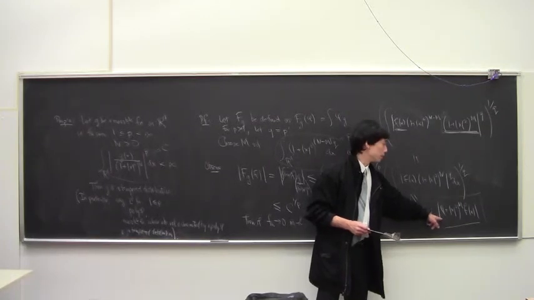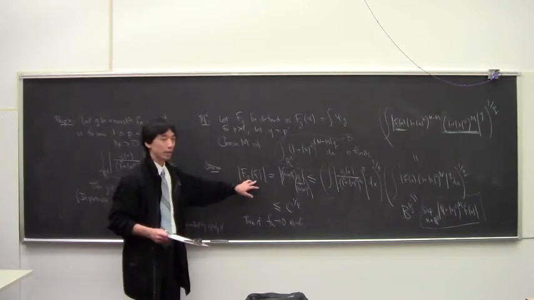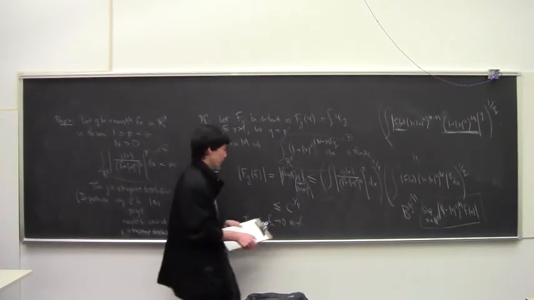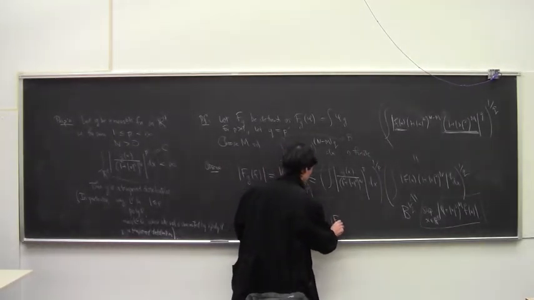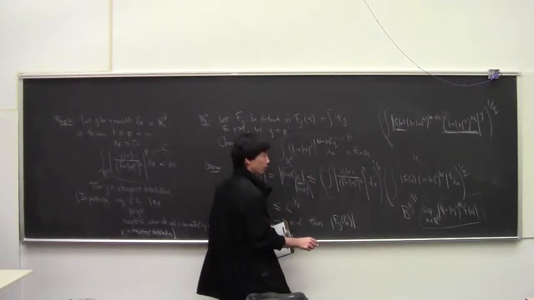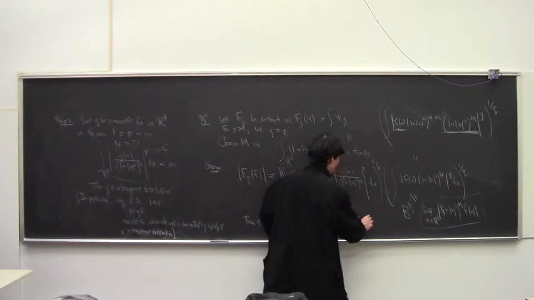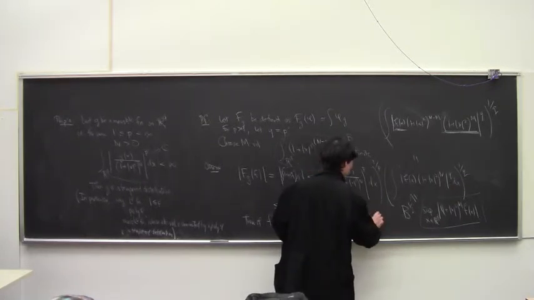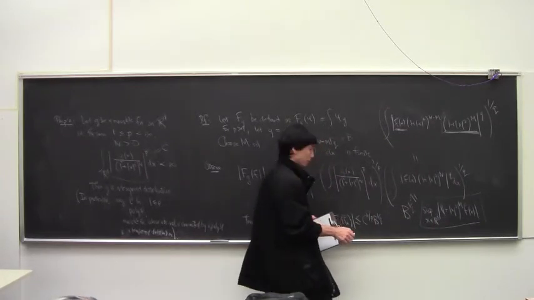What that implies is that g of f_n goes to 0. g of f_n is controlled by these constants times this thing, but that's going to go to 0.